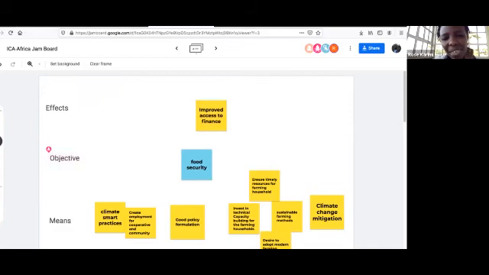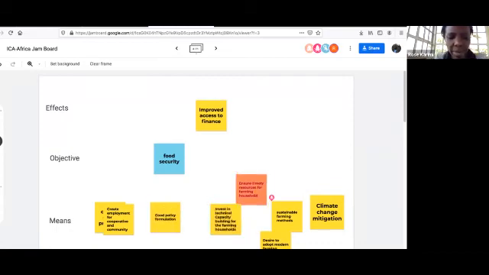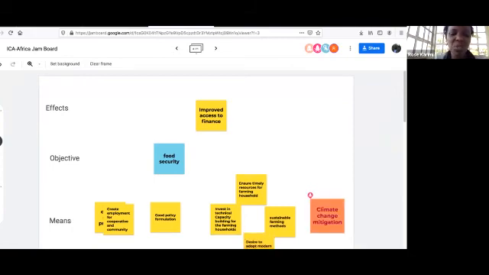Then we have lack of technology services. Also, we have technology services available. It takes time, but once you have gotten the problem right and the objectives, then the rest of the thing is just putting English into the writing, and then you're able to come up with your concept note very quickly.